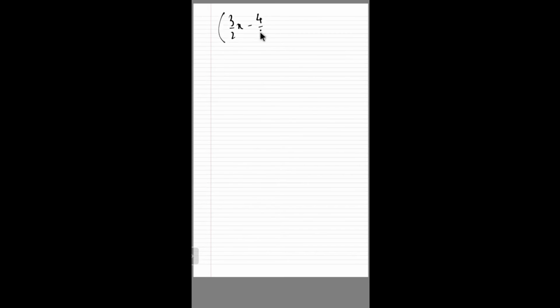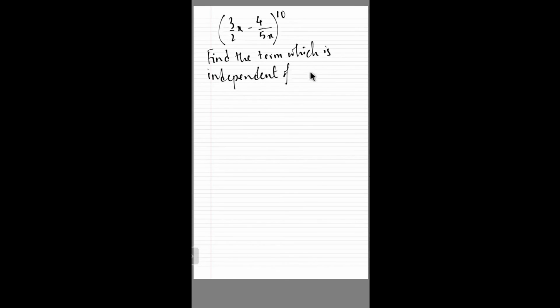Suppose we are taking 3 by 2x minus 4 by 5x, to the power 10, and we are finding the term which is independent of x. So how can we find it?